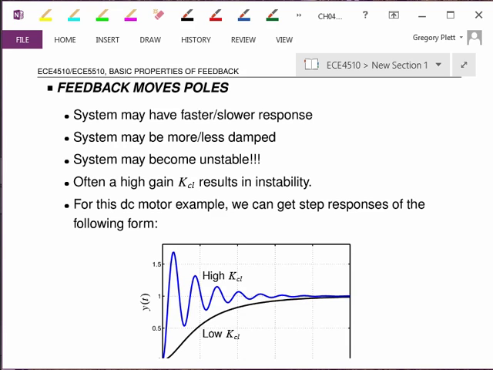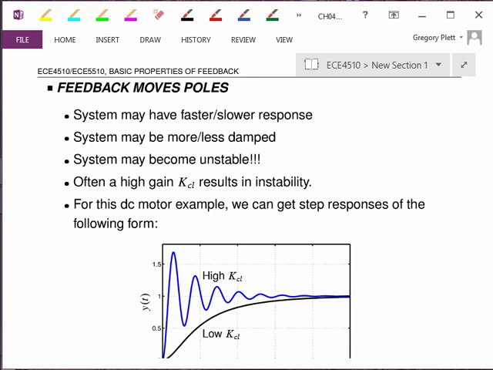The system then may have faster or slower response than it did originally. The system may be more damped or less damped. In other words, it may be more oscillatory or less oscillatory. I guess it's the other way around. More damped is less oscillatory, less damped is more oscillatory.